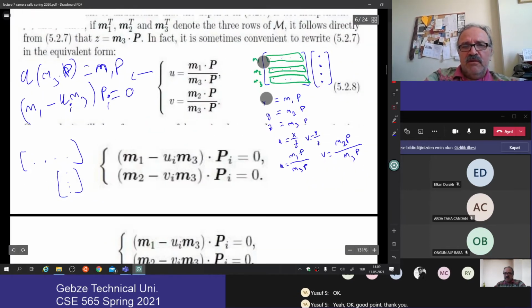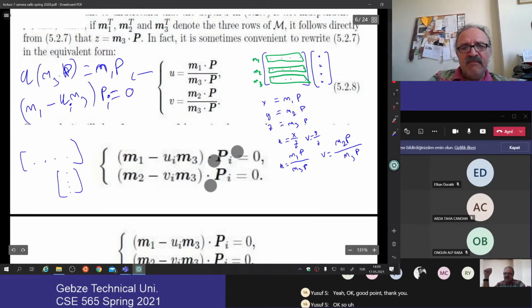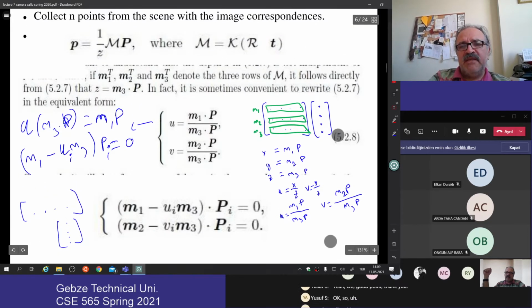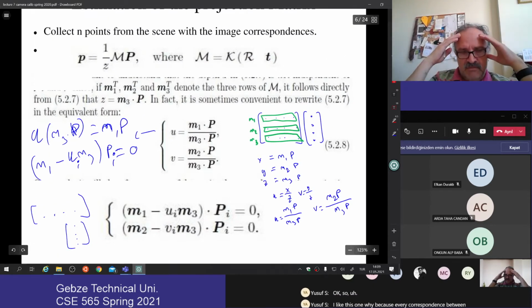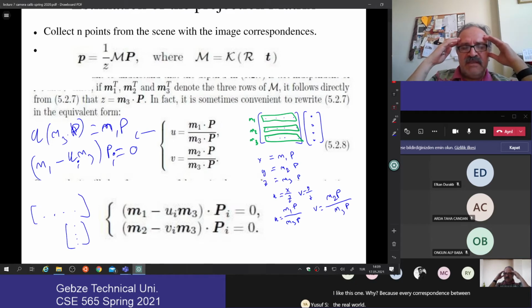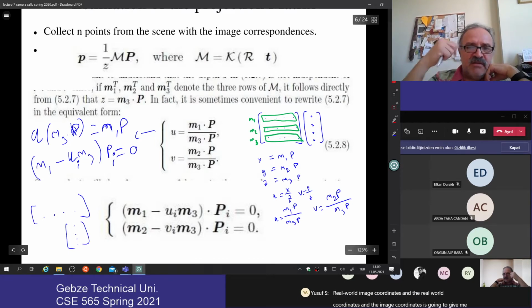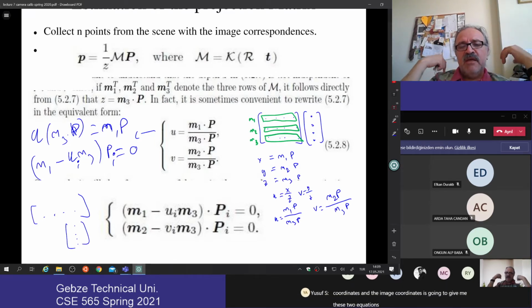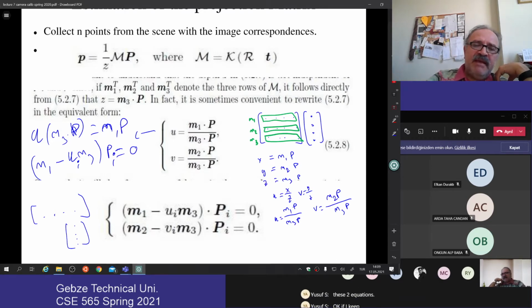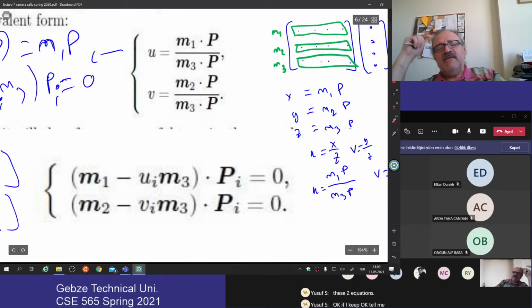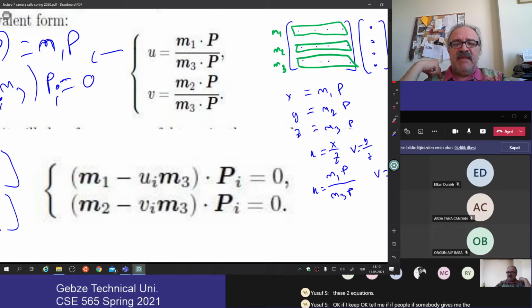Okay, so I like this one. Why? Because every correspondence between the real world coordinates and the image coordinates is going to give me these two equations. If somebody gives me the correspondence between the Pi and the ui's, what are the unknowns in these two equations?